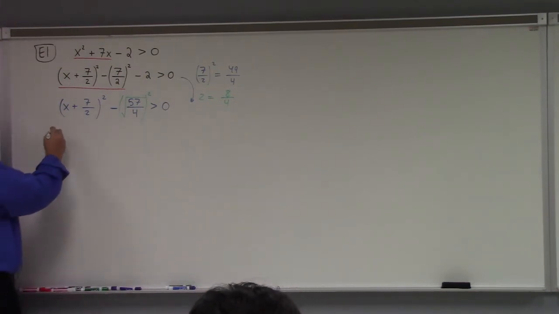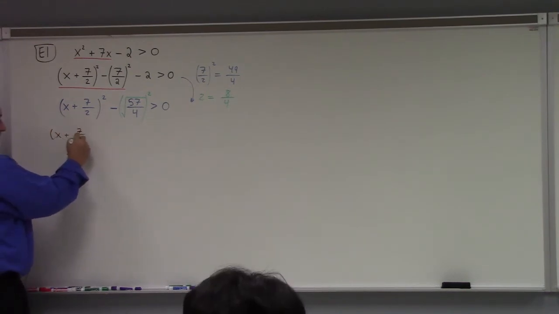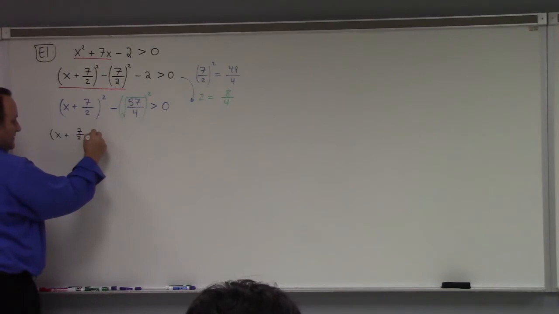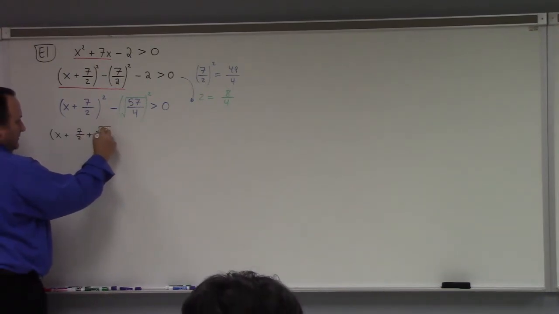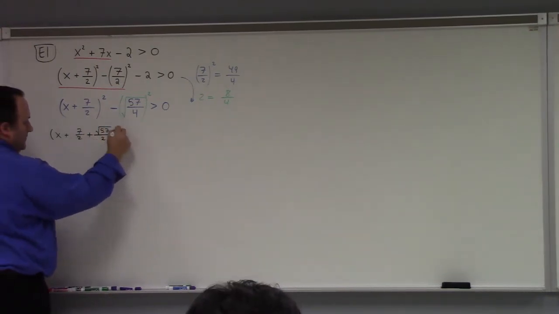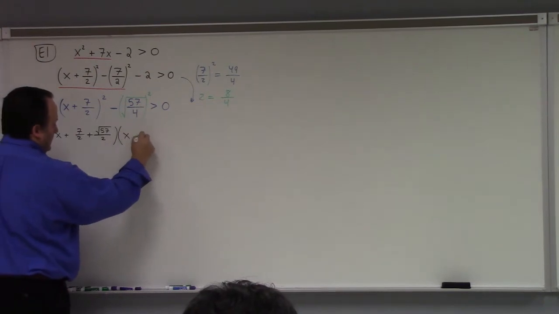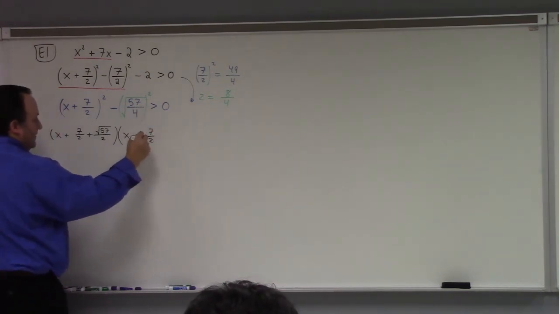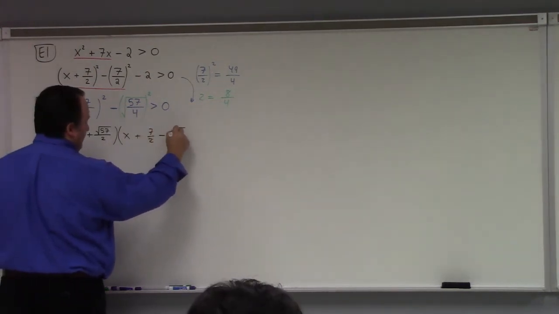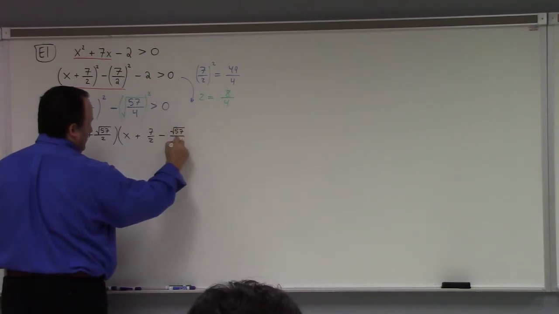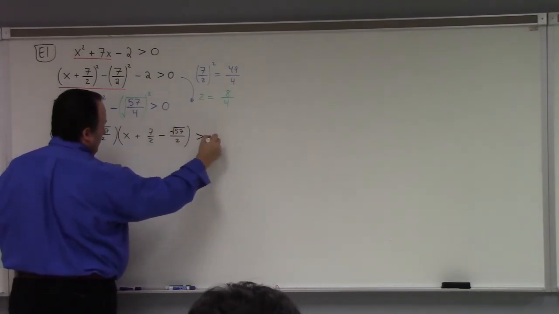And so the factoring works out like this: x plus 7 halves plus the square root of 57 divided by 2, times x plus 7 halves minus the square root of 57 divided by 2, greater than 0.